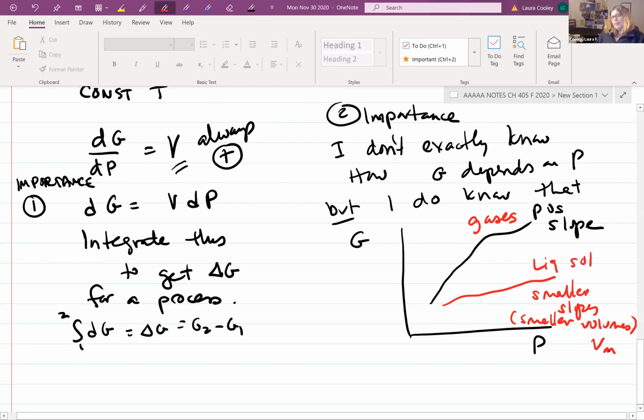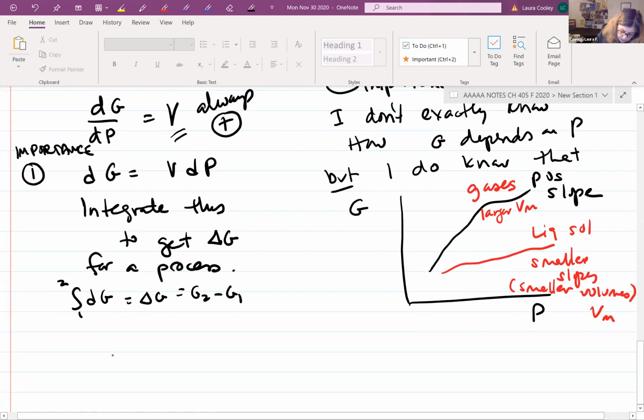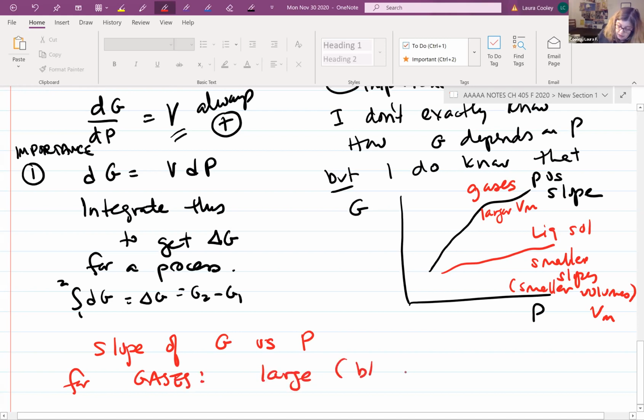Some will have a huge volume if you have a huge amount of it. So for gases, we have larger molar volumes. We have greater slopes. So the slope of G versus P for gases is quite large, and that's because their volumes are large.